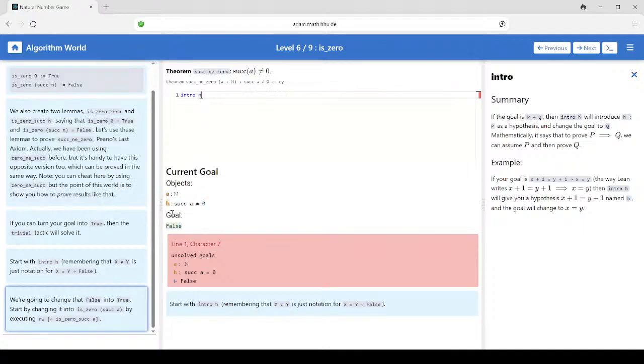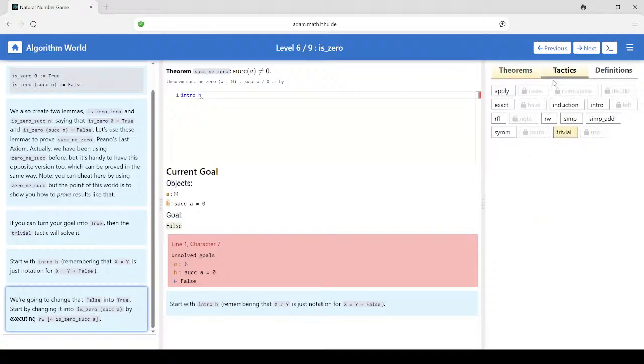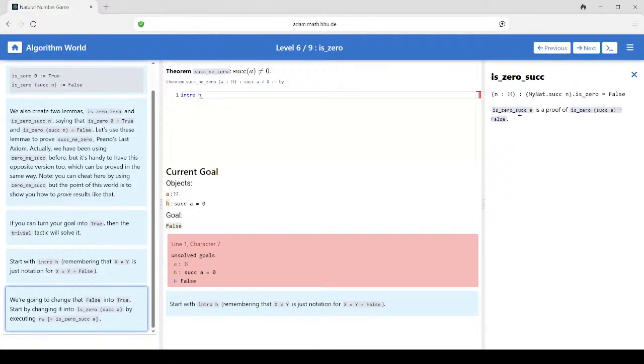So we have to prove that the successor of A equals 0 is false. We're going to change that false into true. Start by changing it into is 0 successor A by executing that one. Right, we have this one here.